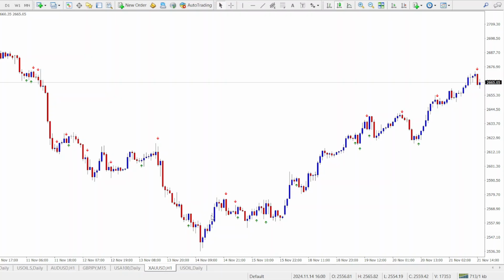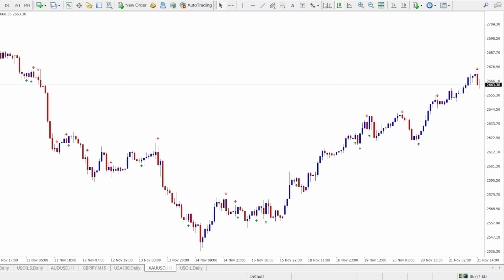Ideally, a bullish engulfing pattern indicates a possible bullish reversal or bullish continuation, while a bearish engulfing pattern indicates a possible bearish reversal or bearish continuation. So when this indicator displays these arrows, it's essentially telling you that it's possibly time to buy or time to sell.